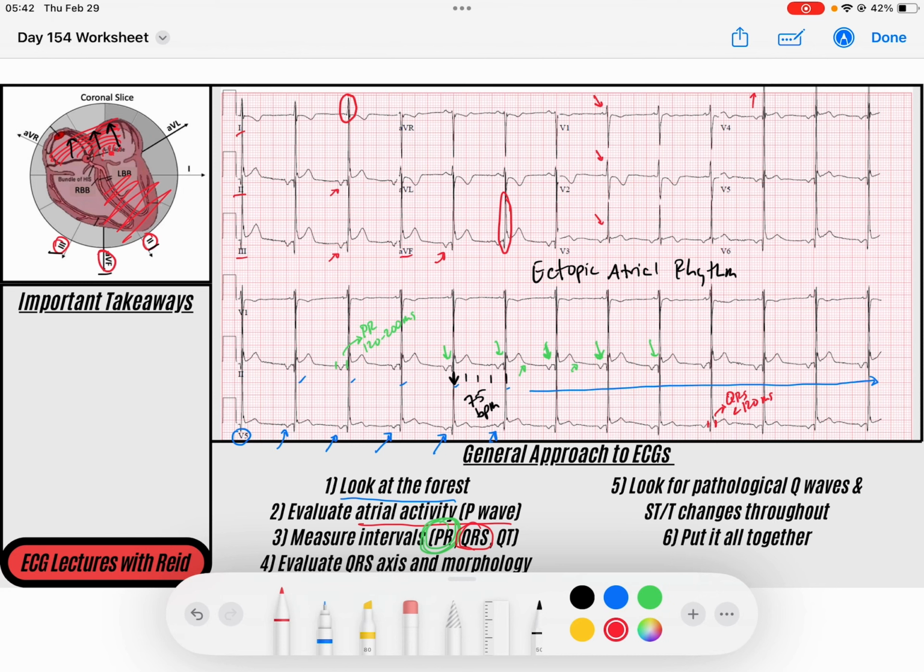And you know, what pops off the screen probably to all you guys is just how tall these QRS complexes are. They're pretty tall, right? And that makes you think, is this left ventricular hypertrophy?